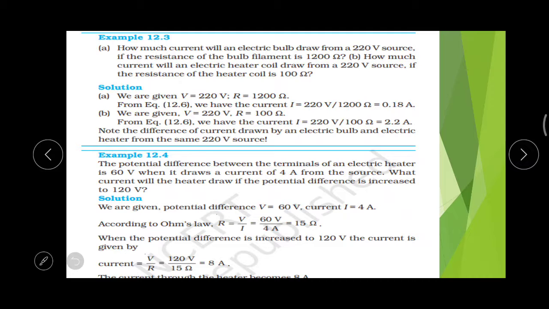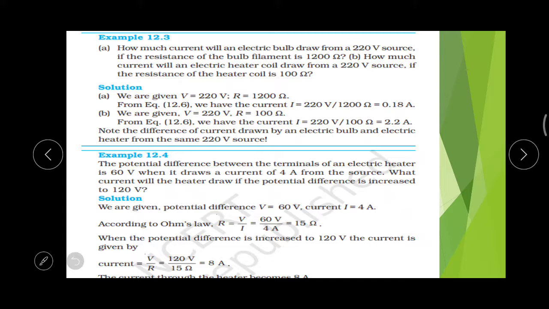So the resistance of the heater you have found, and now we are increasing the voltage value to 120 volt. So you can use the resistance value of the heater, and the potential value 120, and by using these two values you can find the current which is passing through that heater when the potential difference between the terminals is 120 volt.